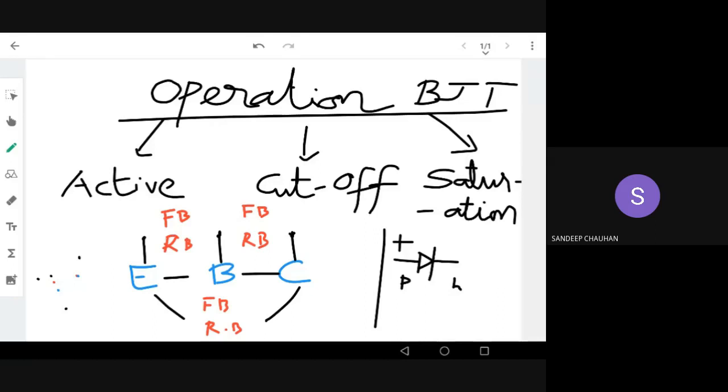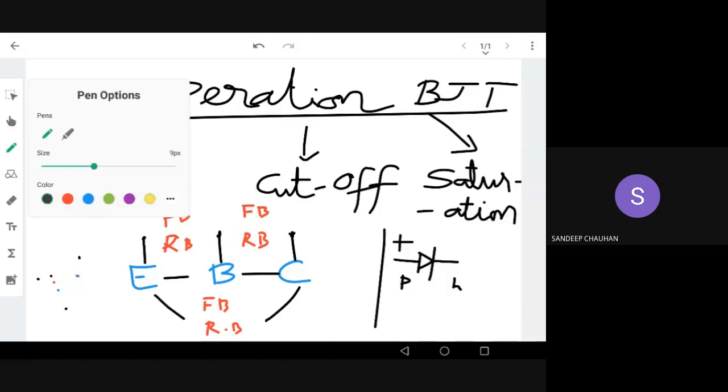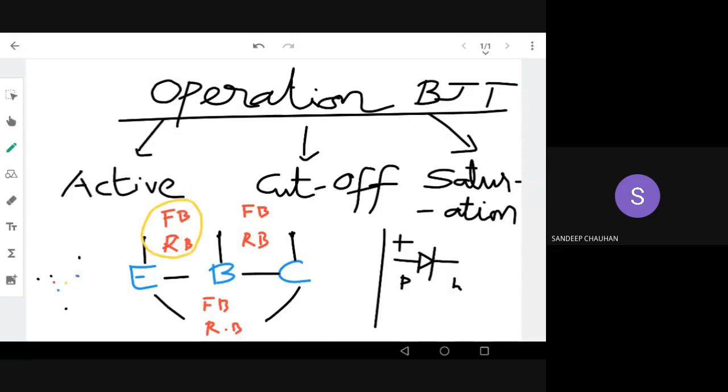Here three events are there, each in two ways. What is the total? Eight possibilities, that is 2 power 3, or 2 into 2 into 2. There are eight different possibilities of operation.